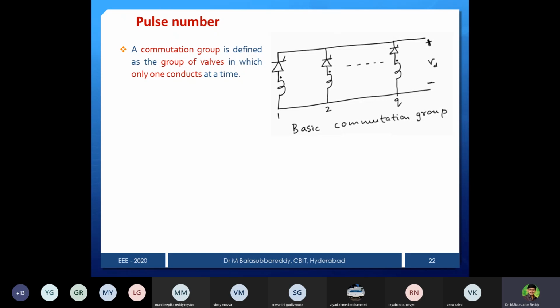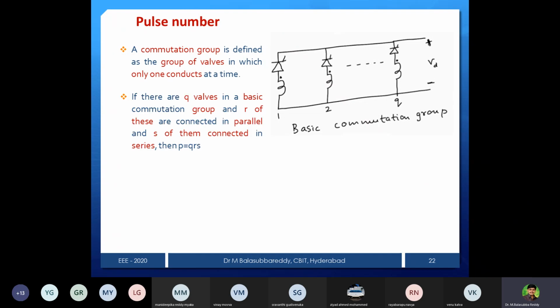It depends only on the voltage across them, that is, the voltage on the anode side, and it will conduct whether it is valve 1 or valve 2 and so on. That means a commutation group is defined as a group of valves in which only one conducts at a time.